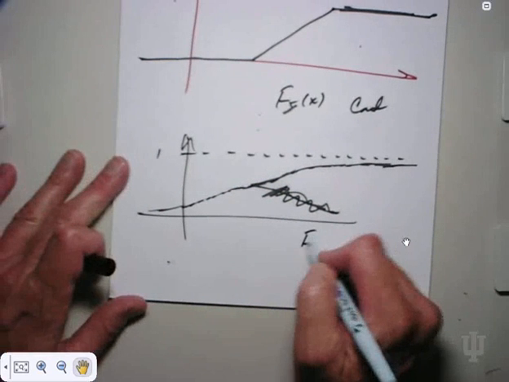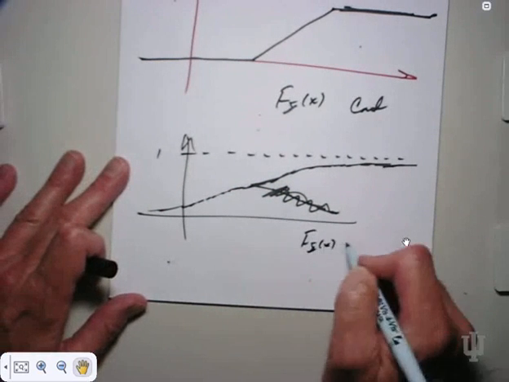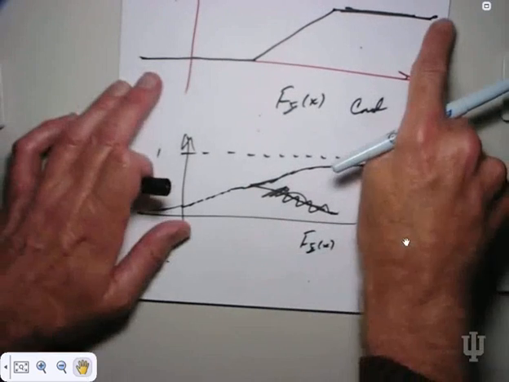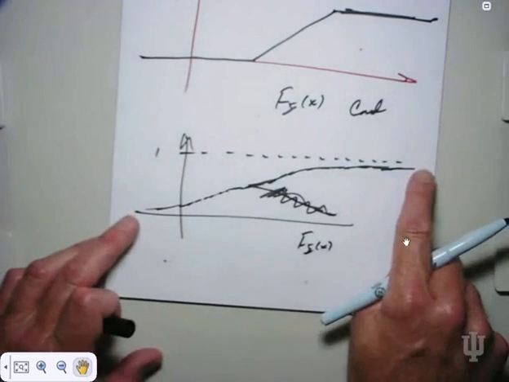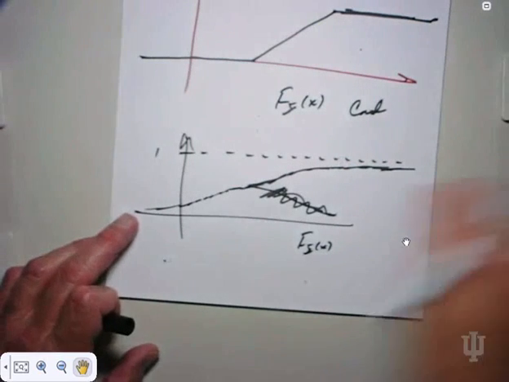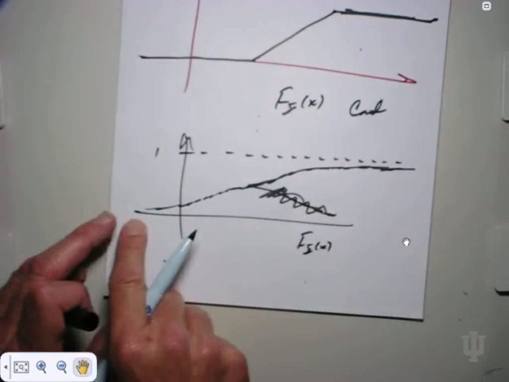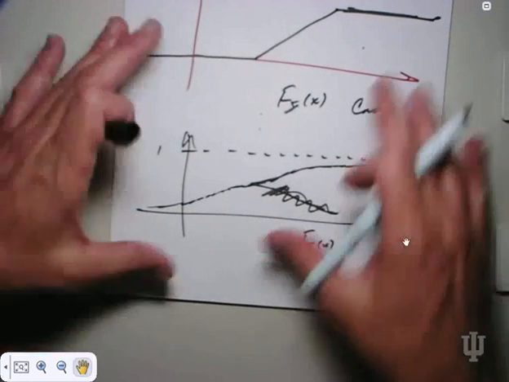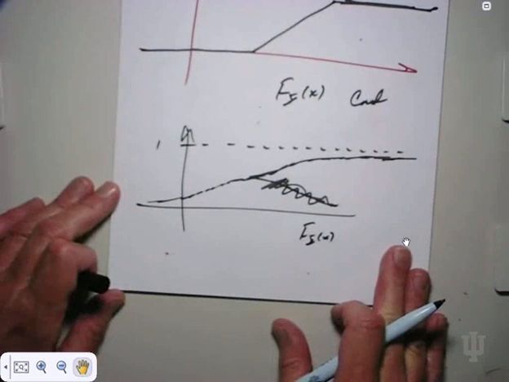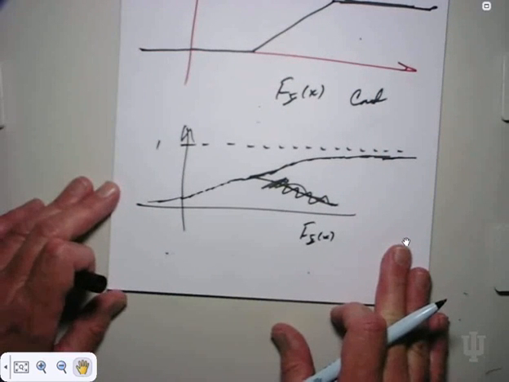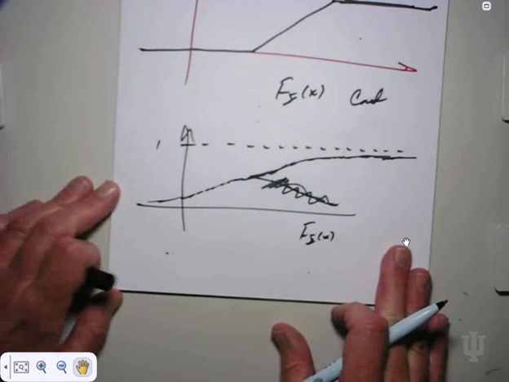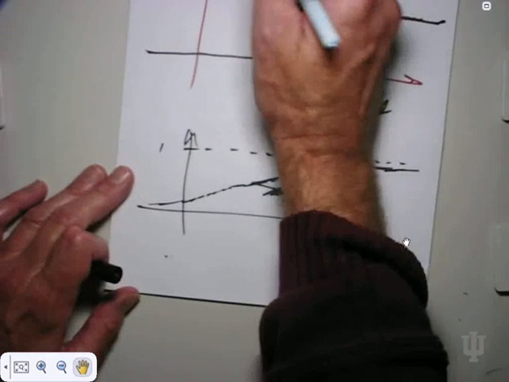Okay? In both cases, they satisfy F of plus infinity is 1, F of minus infinity is 0. F of plus infinity means the limit now, not evaluate, and minus infinity and so forth, and it's increasing. So both are examples of continuous cumulative distribution functions. Okay? What do we find? We'll characterize this random variable as a continuous random variable.